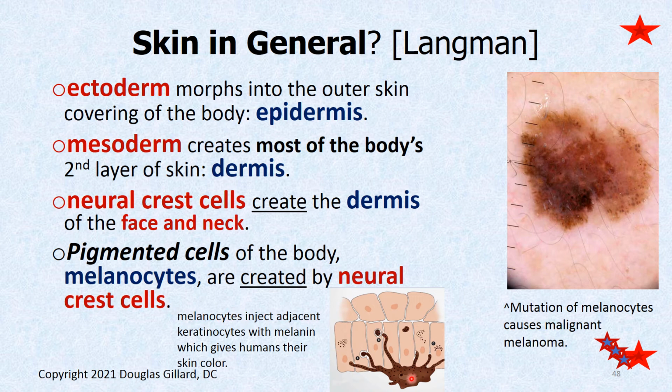These are really important, right? They look like little octopus. And their job is, in the first layer, the stratum basale has just given birth to these keratinocytes, and these neural crest cells put their little tentacles into the cells and inject melanin, and the melanin goes over the top of the nucleus to protect it from UV damage.